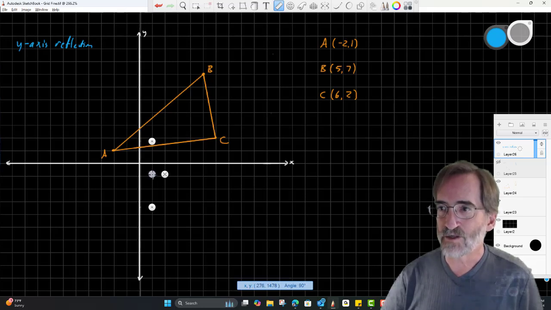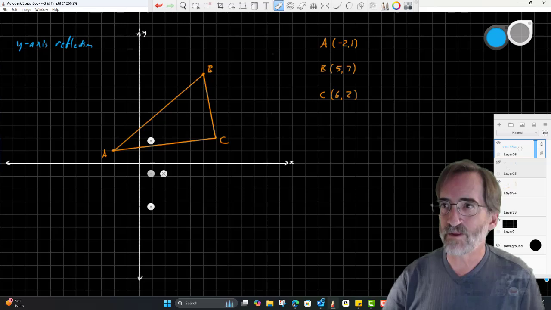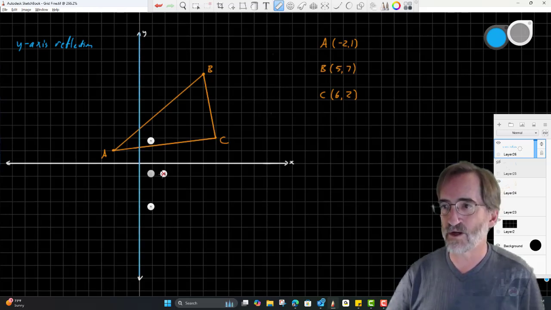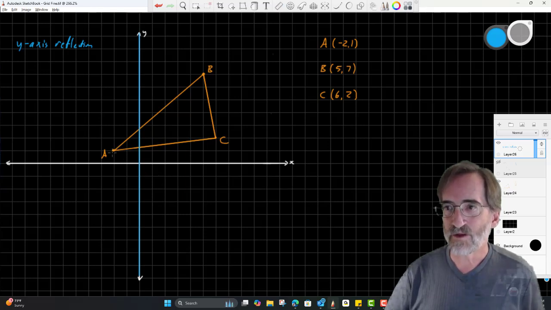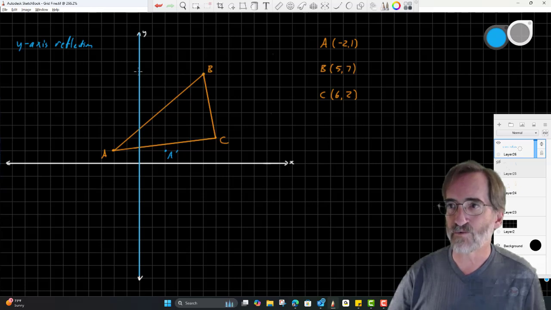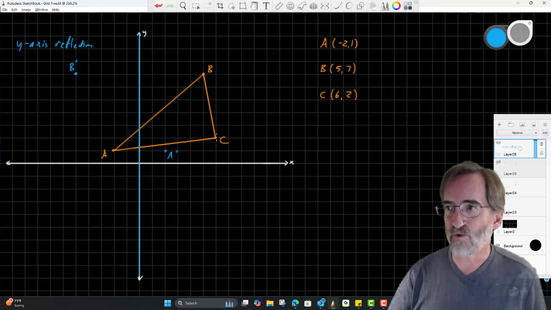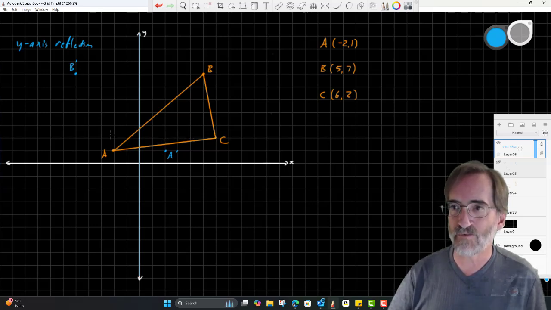And in a reflection, objects remain the same distance on either side of the line of reflection. So A is 2 units to the left, so A prime is 2 units to the right. B is 5 units to the right, so it's 5 units to the left. C is 6 units to the right, so C prime is 6 units to the left.